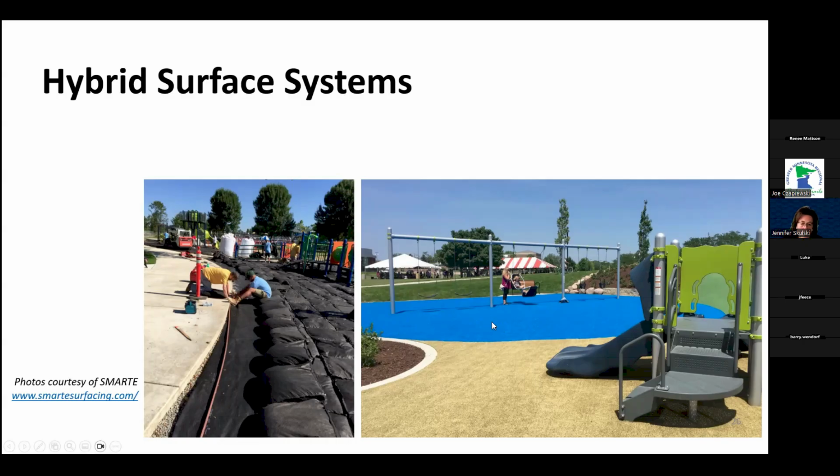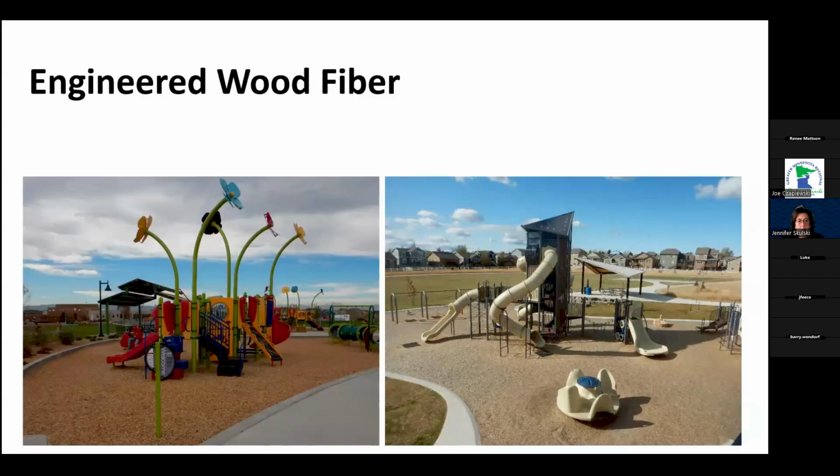So that's the subsurface. And then there's a top mat placed on top of it as a unitary surface system. And so it functions for both accessibility and safety in different types of outdoor environments, but it was primarily designed for use in playgrounds. And then engineered wood fibers.